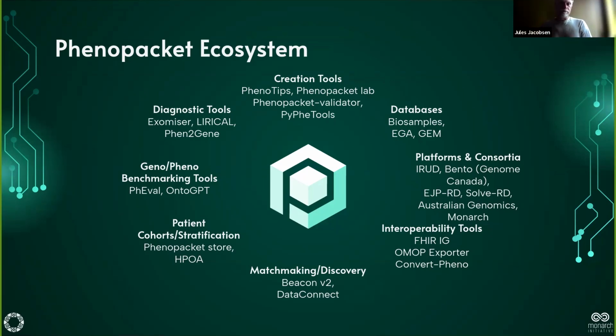Then genotype-phenotype benchmarking tools. This has recently been the most useful thing that we've had for a very long time, I found, which is PhEval, which has been produced here in Monarch by a whole bunch of us.